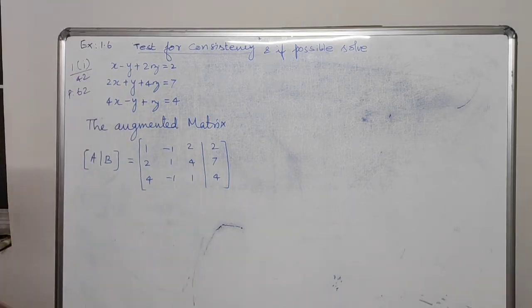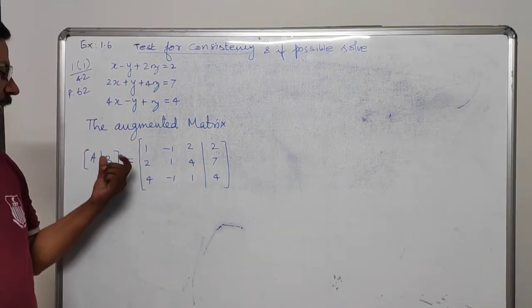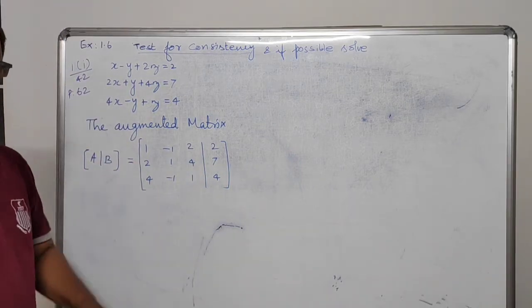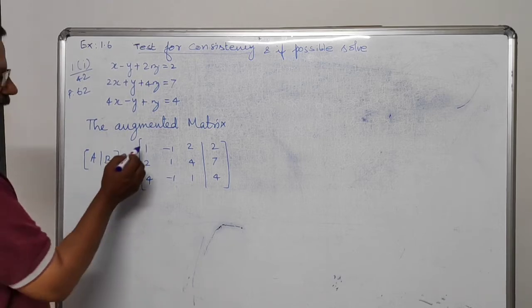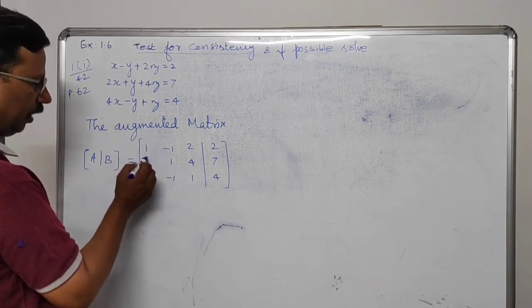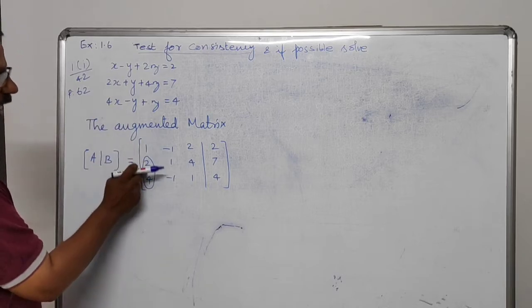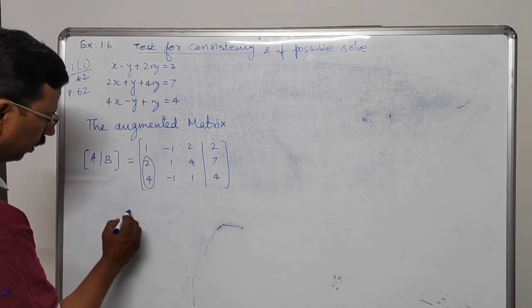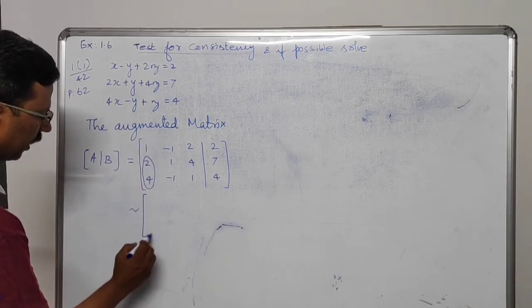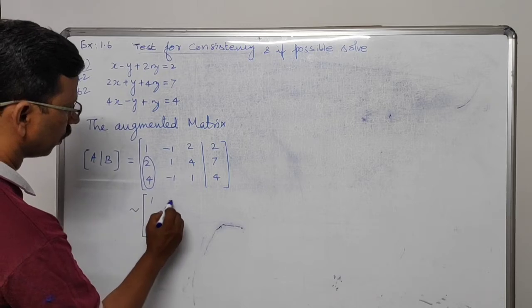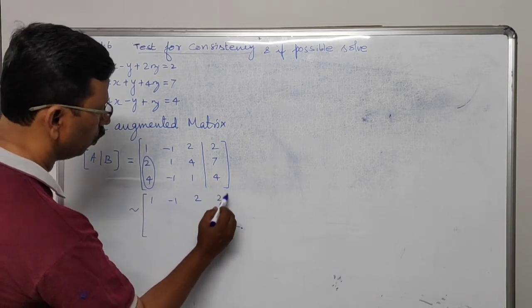Now after this you have to bring this augmented matrix into row echelon form. For that, as usual, the first element is 1. Therefore you have to consider these two elements. You have to make them 0 with the help of the first row. Therefore we write the first row as it is: 1, minus 1, 2, 2.